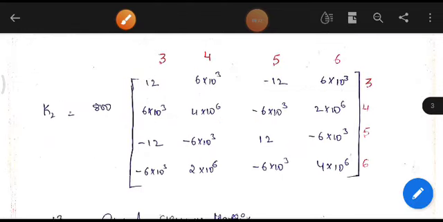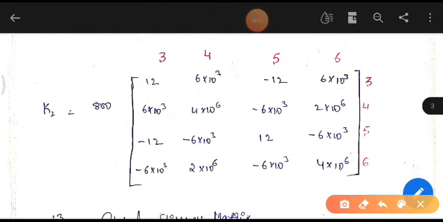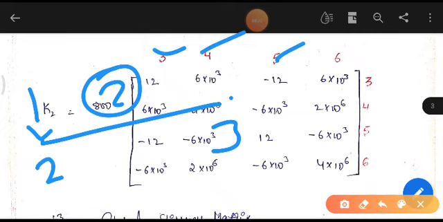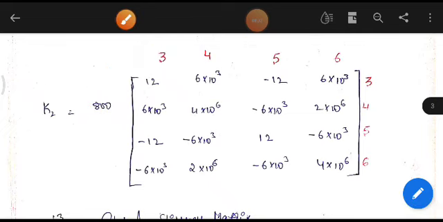Here the only change is these things, because the second element is connected between node 2 and 3. At node 3 we have 2 displacements, so each node has 2 degrees of freedom, and we will get 3 4 5 6. This is how we need to write.